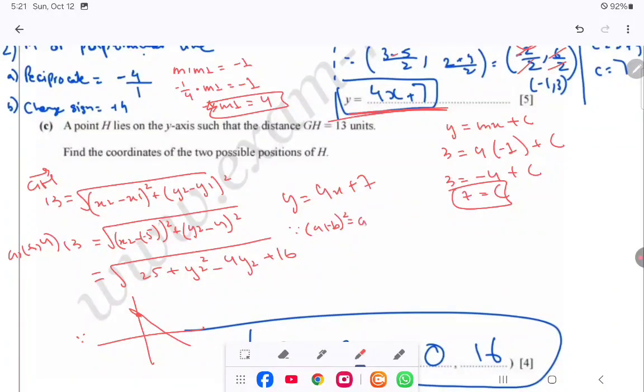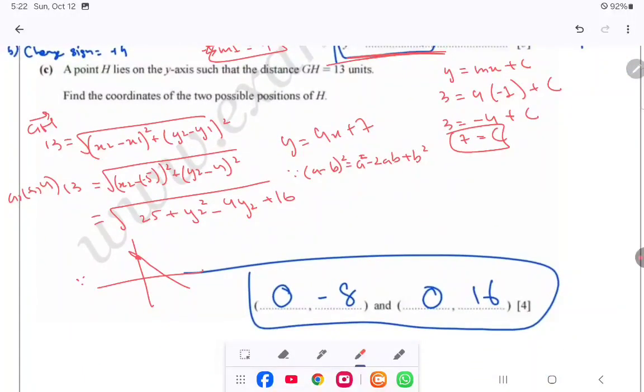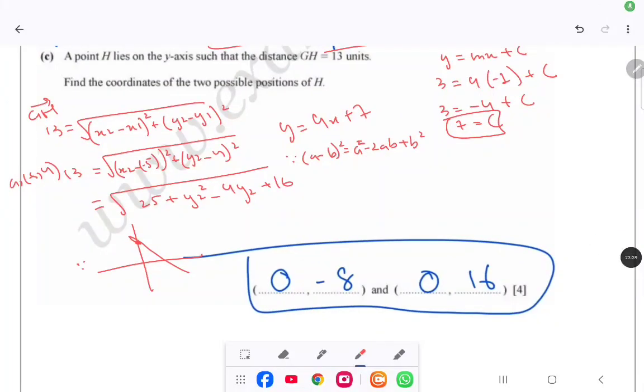We just use the formula of a minus b whole square, which is a square minus 2ab plus b square. Now solving it further, 2 into 4 into y2 is 8 y2.